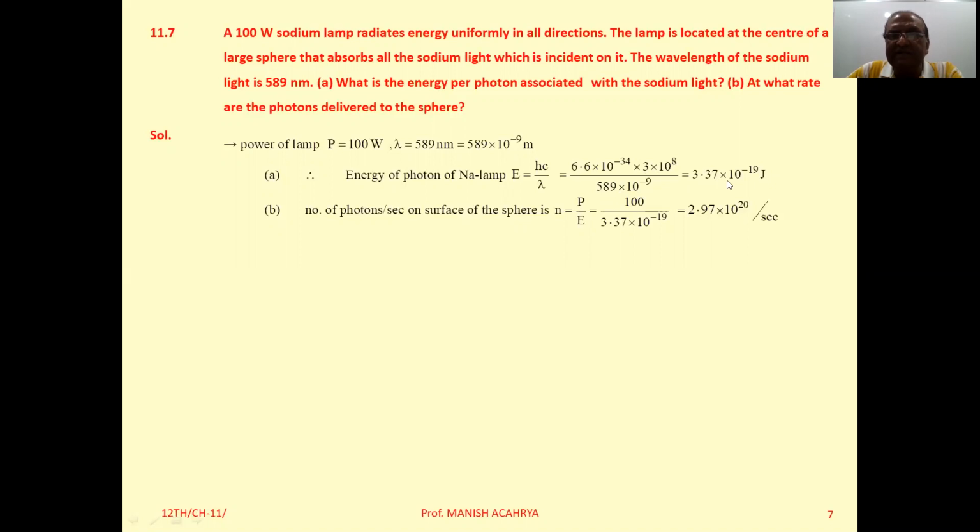You will get the answer 3.37 into 10 raised to minus 19 joule. Now the number of photons per second incident on the surface is n equal to power upon energy. So 100 upon 3.37 into 10 raised to minus 19. Again solve it, you will get 2.97 into 10 raised to 20 per second. Clear? Simple.